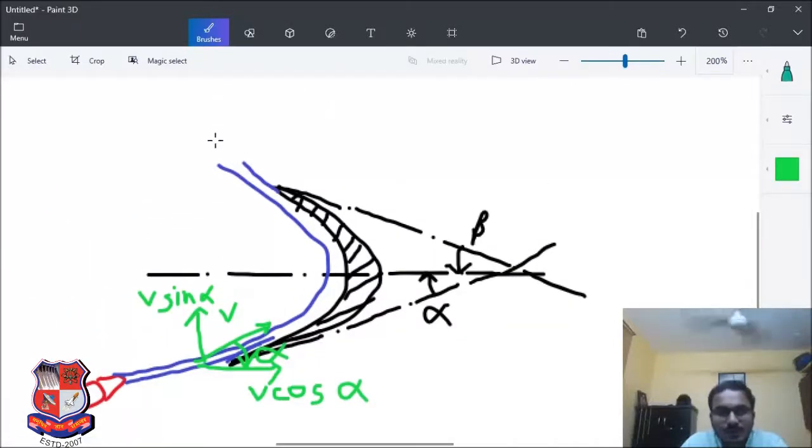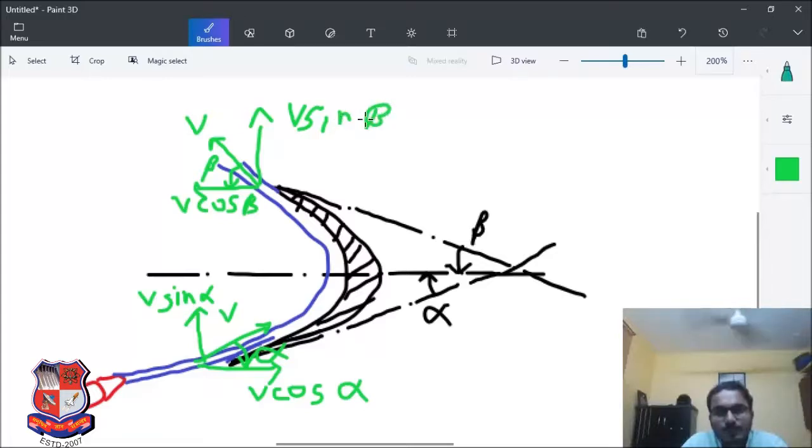So you can also write down the velocity at the exit in a similar way. This will be v, this will be the horizontal component, this will be the vertical component, this angle will be beta, so this will comprise v cos beta and v sin beta.